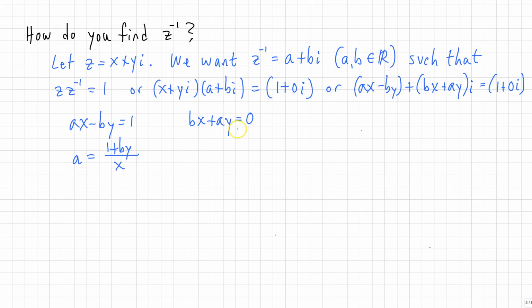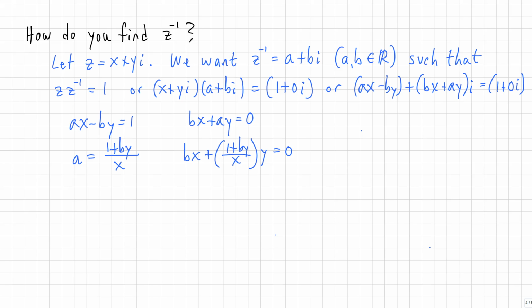And if I solve this second equation for b, we have a system here, so they both use a and b, and they both use x and y. So I'm going to take this a and plug it in over here, so I get bx plus (1 plus by over x) times y equals 0.